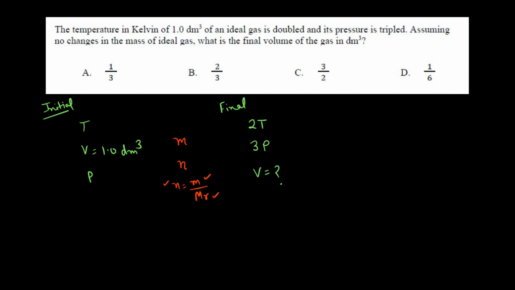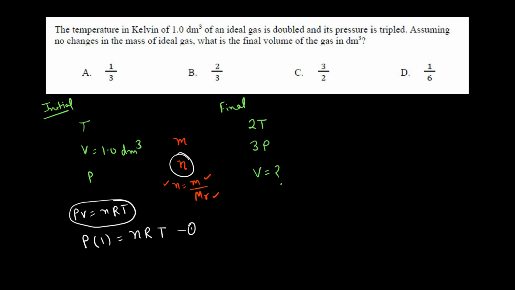Okay, so we can use the ideal gas equation, PV equals nRT. My pressure is P, my volume is 1, the moles is n which is constant, R is the gas constant, and my temperature is T. So this is my first equation.